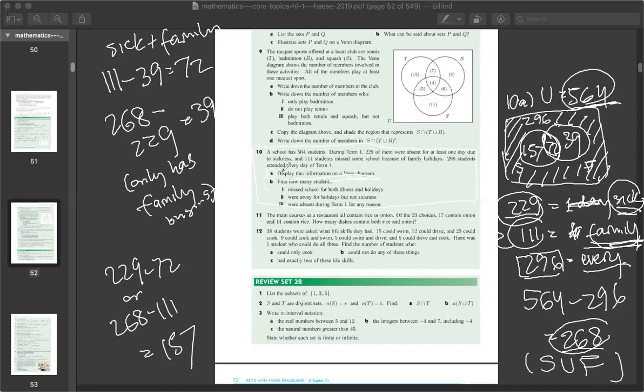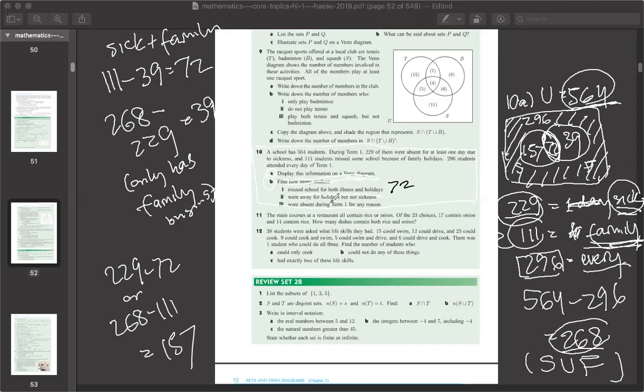And for the second one, find how many students missed school for both illness and holidays. You've pretty much found this one. It's right here. It's 72.